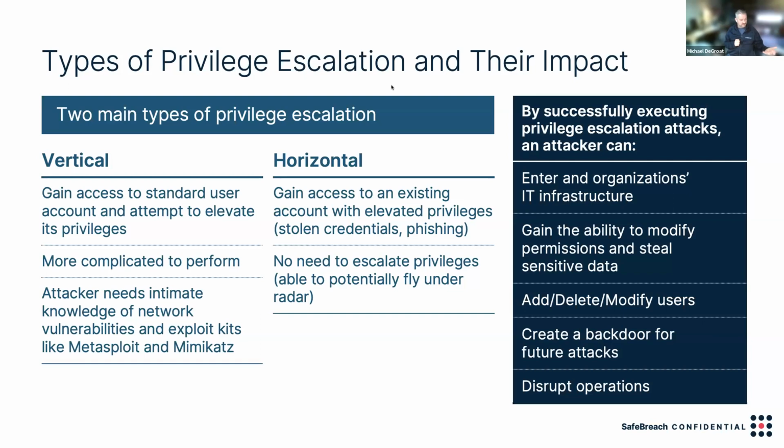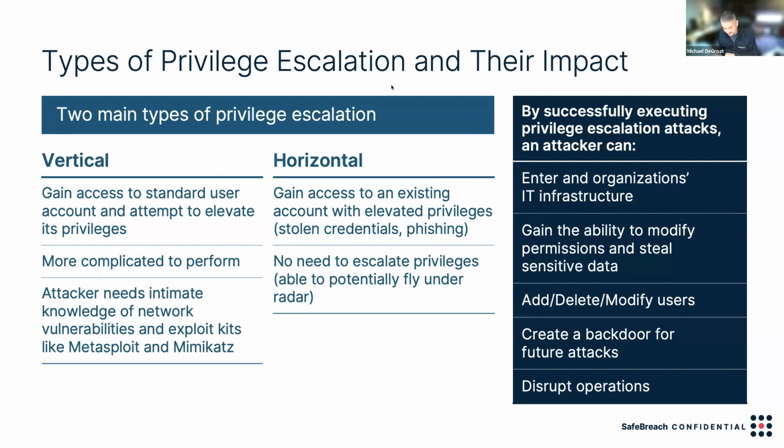It's probably one of the biggest impacts of privilege escalation is gaining access to the crown jewels of the organization, further creating their reach within the organization by doing backdoors for future attacks, opening up ports that may not be available if you did not privilege escalate, adding additional users for you to go and move around in the organization.